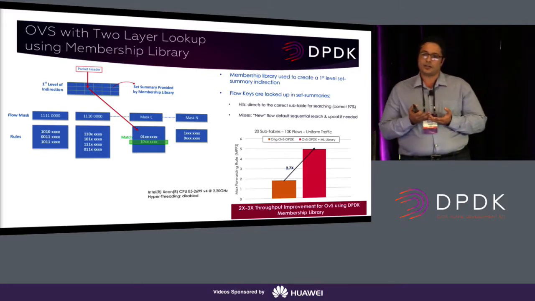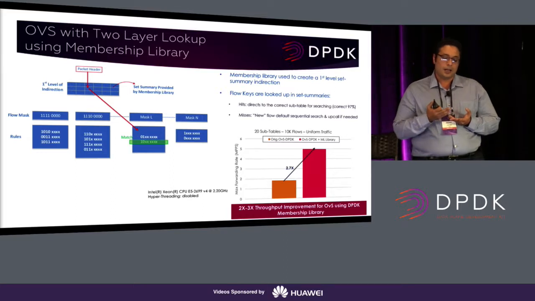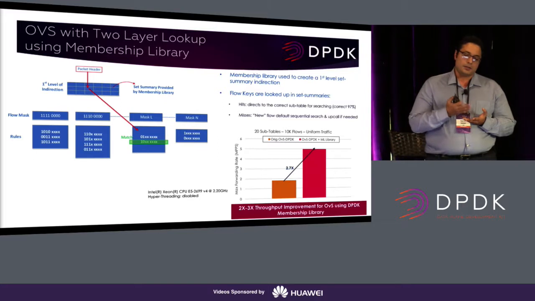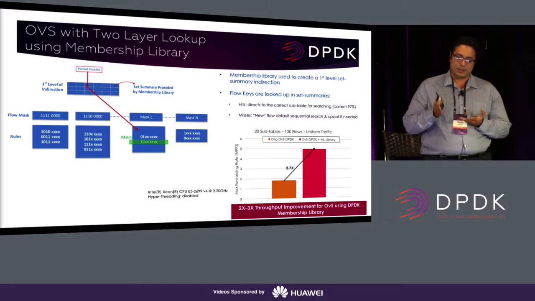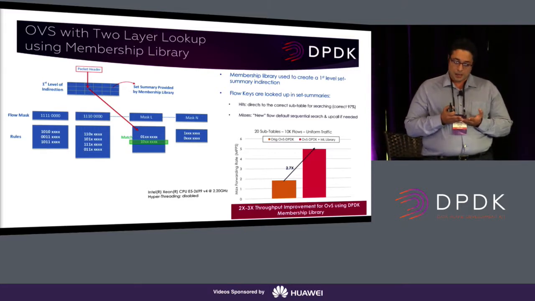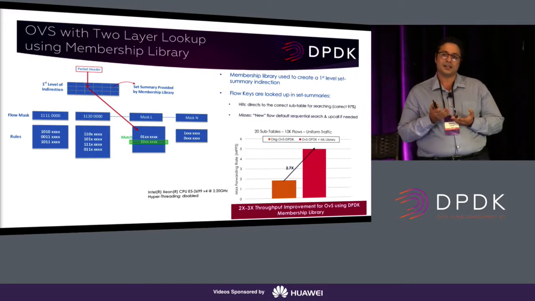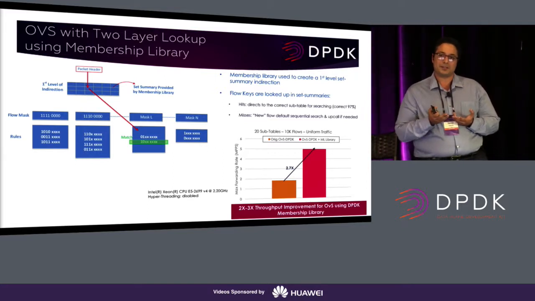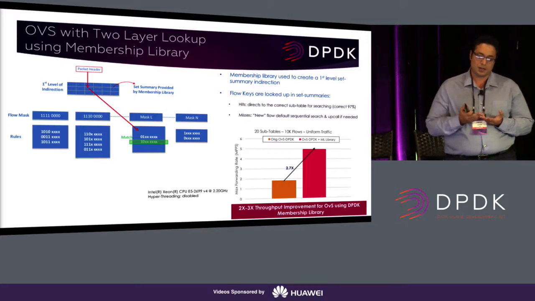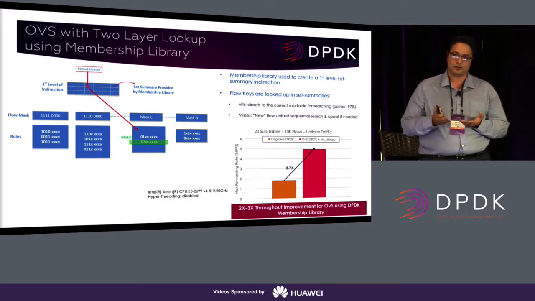Because this data structure is small and you can look it up very quickly, it will tell you with very high accuracy that this key belongs to a specific table. So instead of doing the sequential search, it will go directly to the correct table. The catch is that it will tell you the correct subtable 97% or 98% of the time. So on 2-3% of the time, you have to go back and do the sequential search.